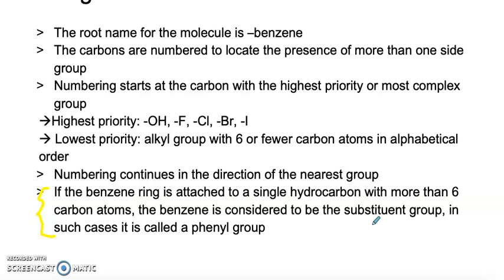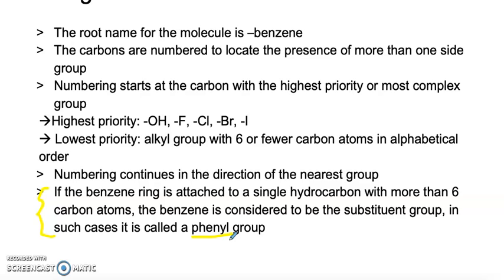Benzene only has 6 carbons, so if it's attached to something with 8 carbons, then it's not the root, right? That 8 carbon is the root. So if that happens, benzene goes into the prefix, gets incorporated with all those other side chains, and it has a specific name of phenyl. Okay, I know it's weird because you're like, well, why wouldn't it still be benz? But it's just not. It's phenyl.